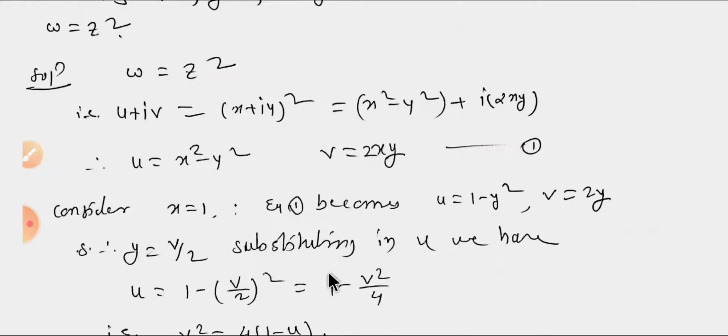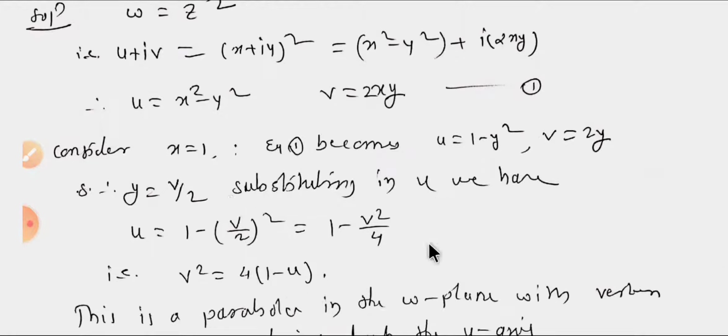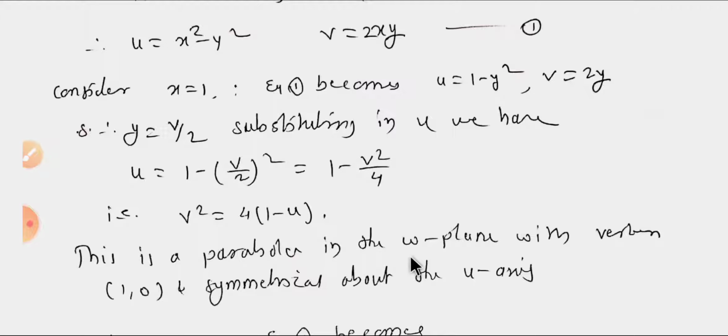Substituting in u, we have u equal to 1 minus (v by 2) whole square, that is 1 minus v square by 4, or v square by 4 equal to, by simplification, v square equal to 4 into bracket 1 minus u, which is a parabolic form. So this is a parabola in the w plane with vertex 1 comma 0 and symmetrical about the u axis.